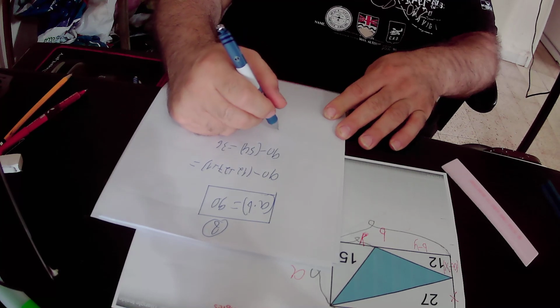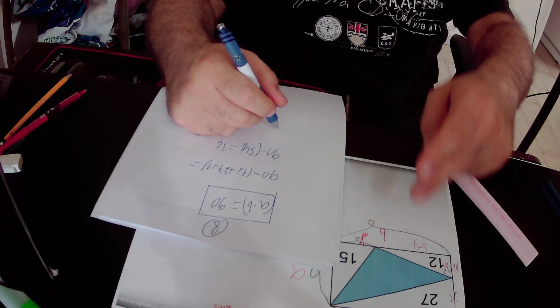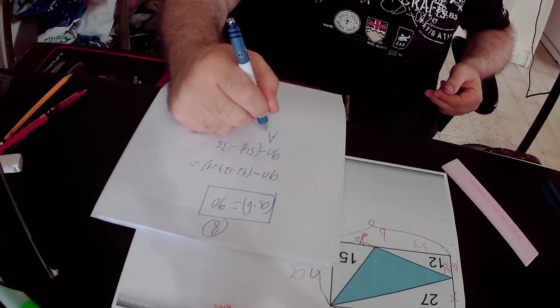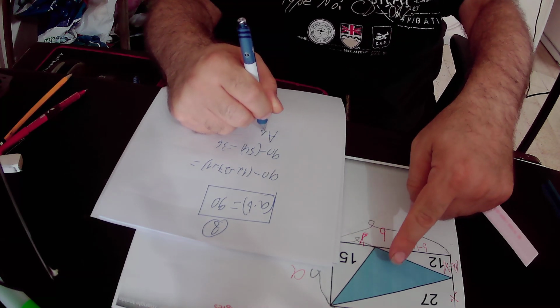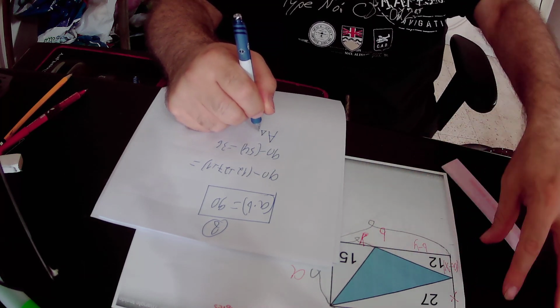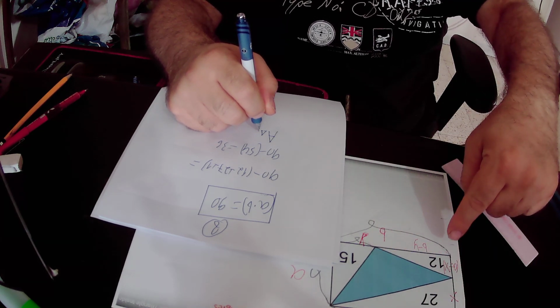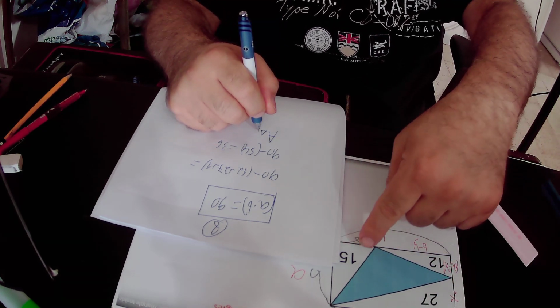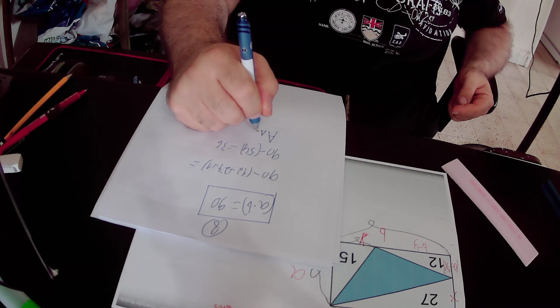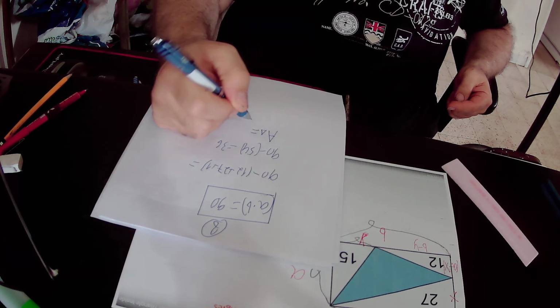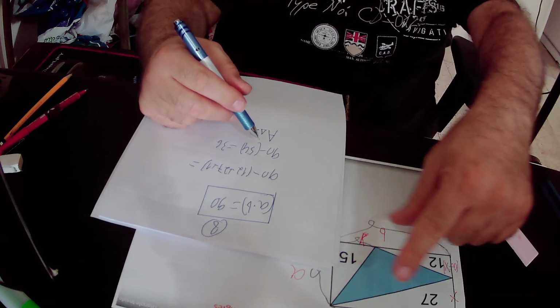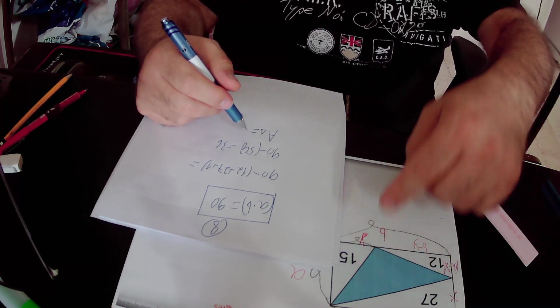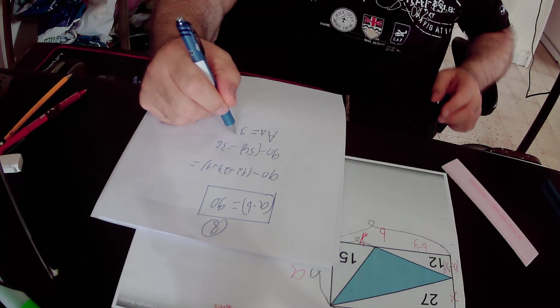So the area of this blue triangle is the area of the rectangle minus the sum of the areas of the three right triangles. That is to say, the area of the blue triangle equals 90 minus 54, that is 36 units.